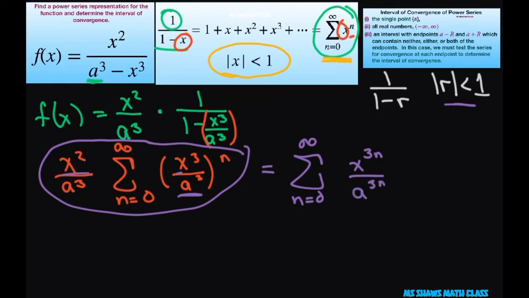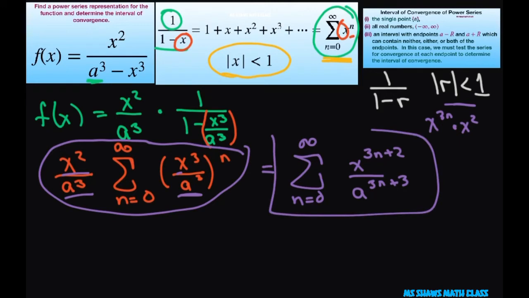Now when I multiply these two, this is like saying x to the power of 3n times x squared. So that means you're just adding 2 here. And the same thing for this, but you're adding 3. All right, so this looks more appropriate, even though we're going to look at this.